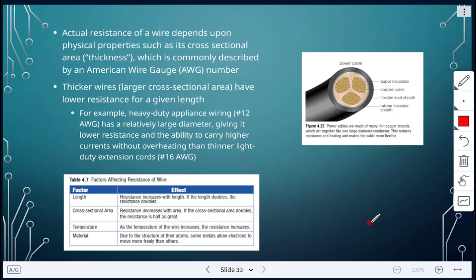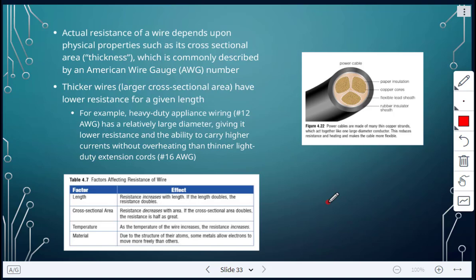Resistance of a wire also depends on its cross section, like its thickness. It's called its cross-sectional area. It's commonly described as AWG, the American wire gauge, and it's a number. Thicker wires have a larger cross-sectional area, so they will have lower resistance for a given length.